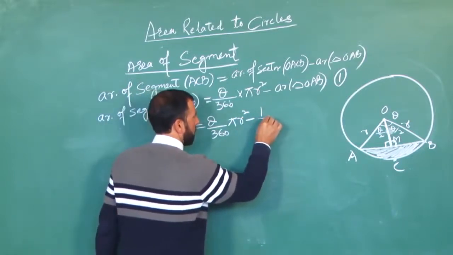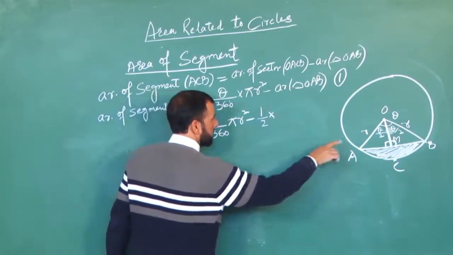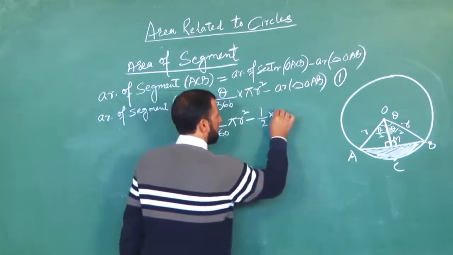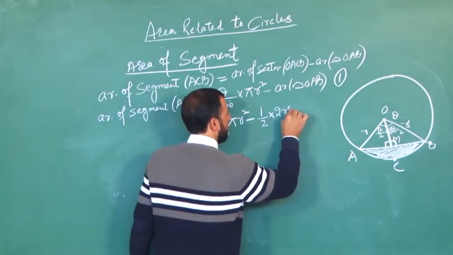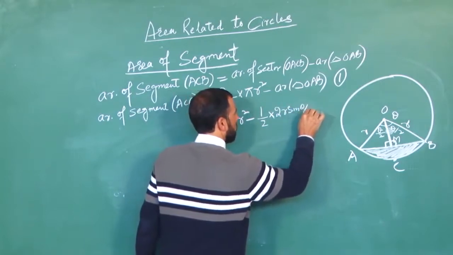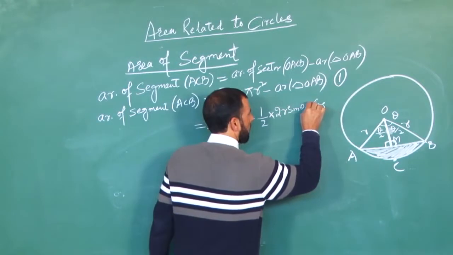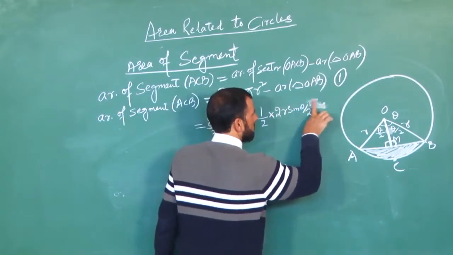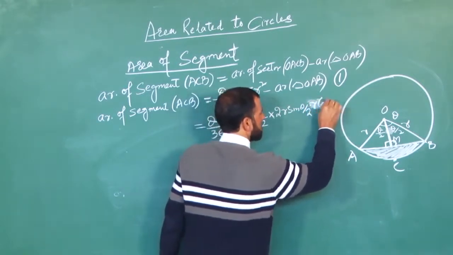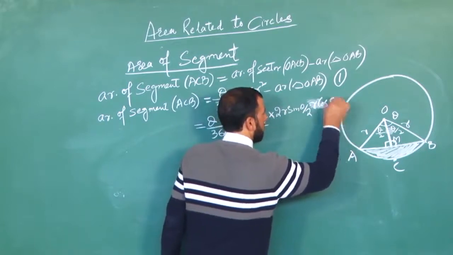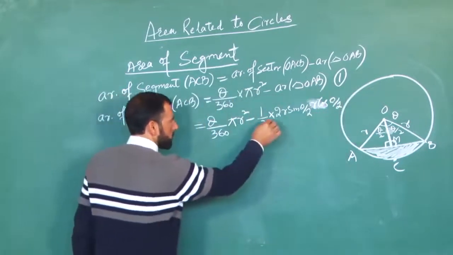Clearly it is 1/2 of base AB, which equals twice R sin theta by 2, into altitude OM, that is R cos theta by 2. This 2 and this 2 cancel.